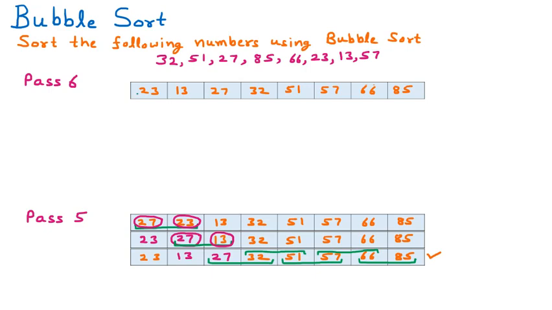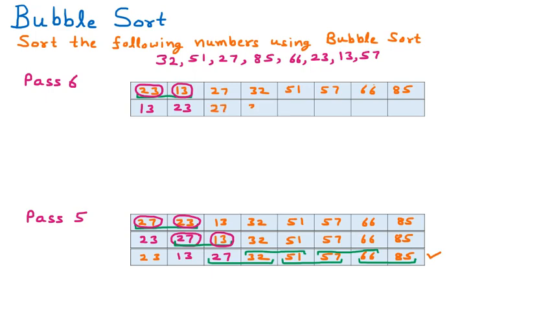Again we are starting by comparing the first two elements. We can see that they are not in ascending order. So 23 is greater than 13, so they need to be swapped. We are inserting one more row here. So 13 will come first, then 23 will come, and all the remaining elements will be as they are.